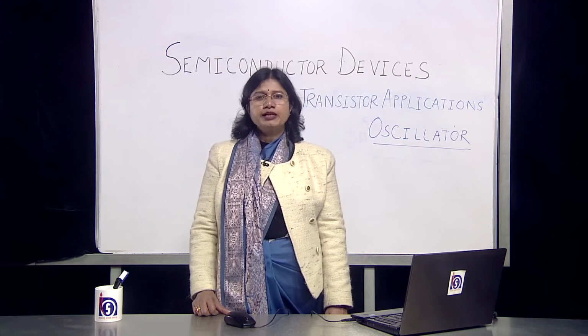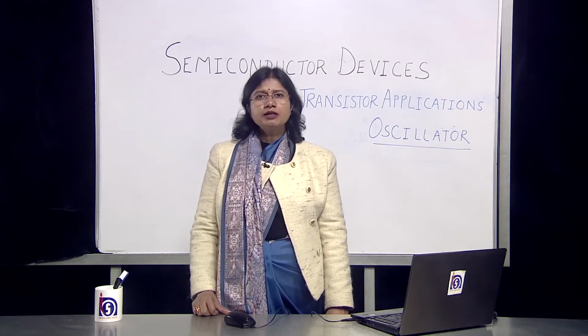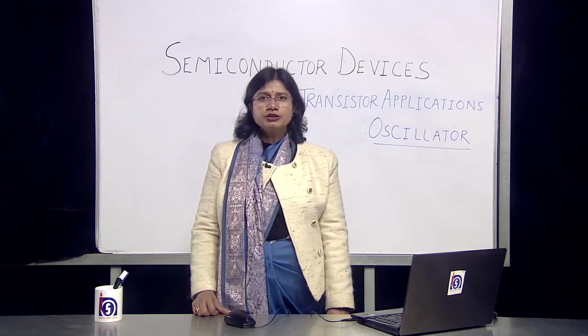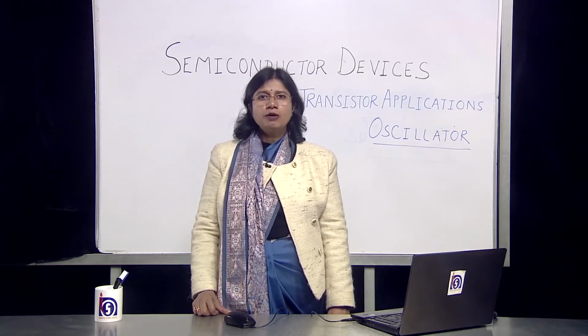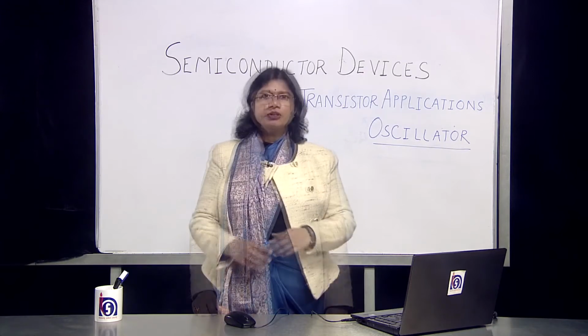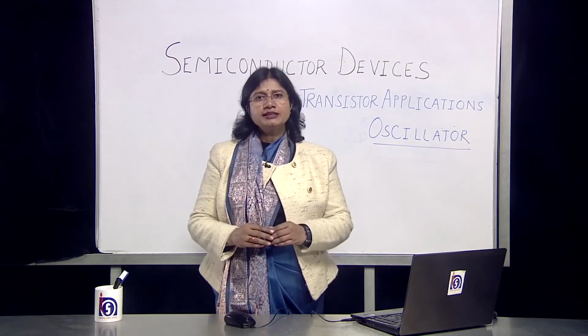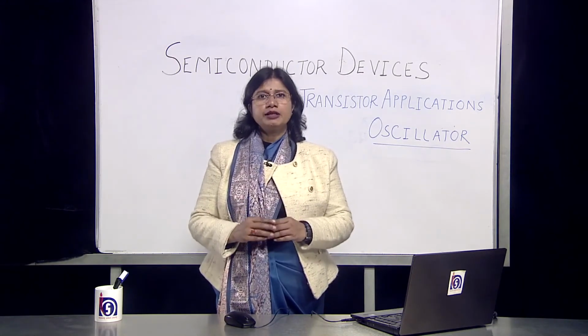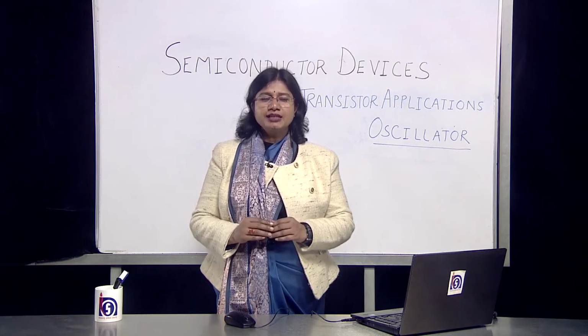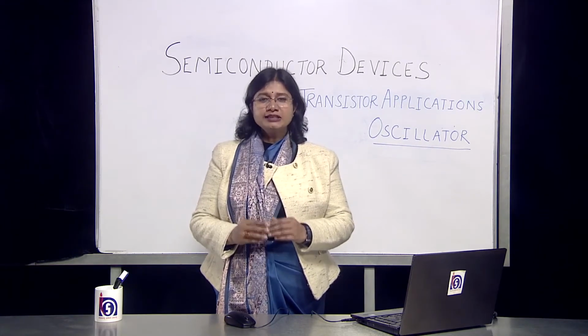Over here we are discussing semiconductor devices and we are particularly looking for applications of transistor in the common emitter configuration. An important application of transistor in the common emitter configuration is the transistor working as an oscillator.